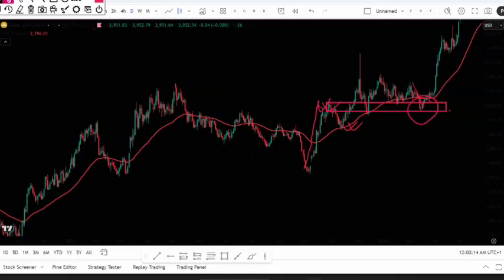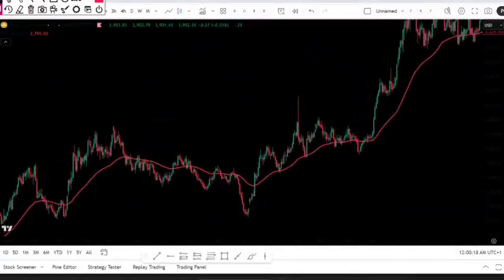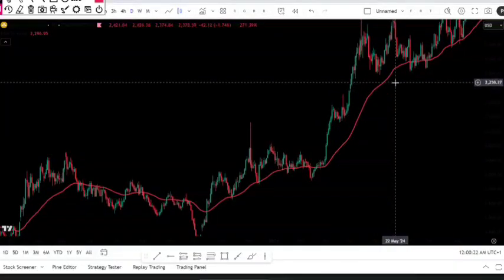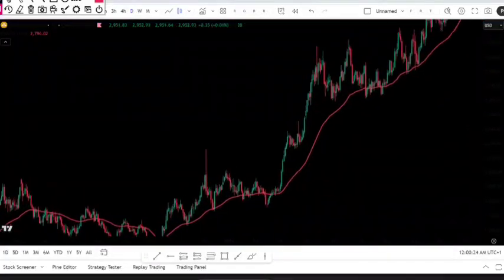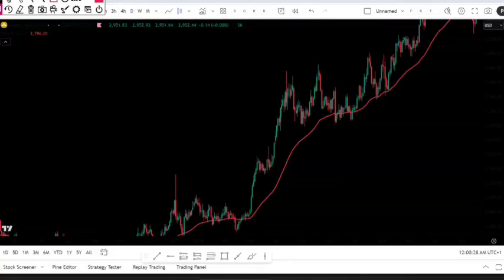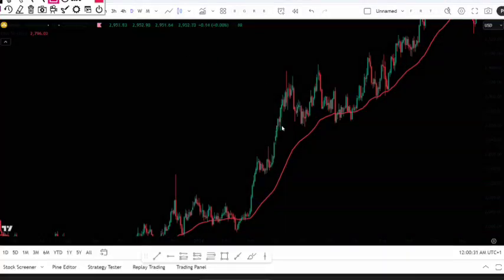Okay, now let's see more. Look here, we don't have a trade because we don't see any pullback in the 50 EMA. Okay, now look here, this is the support. Yeah, this is the previous support, then the market goes up, then again comes here to this level.